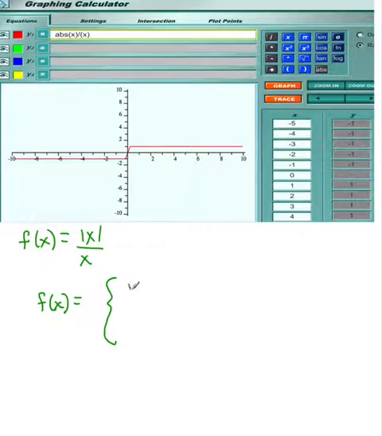So when x is positive, then the absolute value of x over x is just 1. When x is less than 0, the absolute value of x over x is going to be negative x over x, and this is negative 1. And of course, it's not defined at x equals 0.